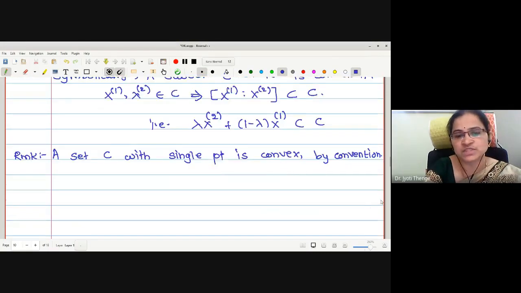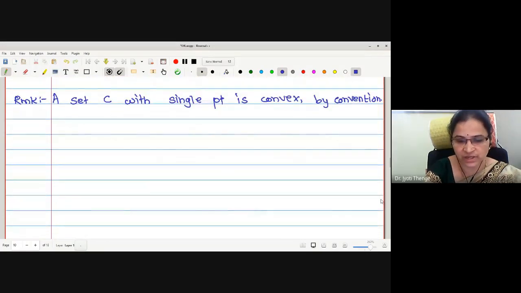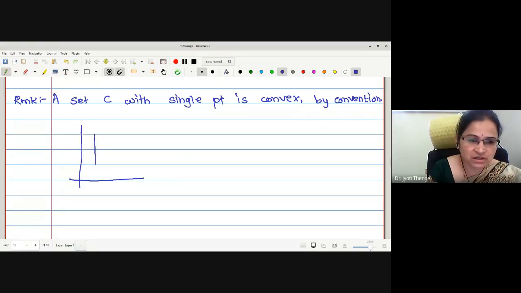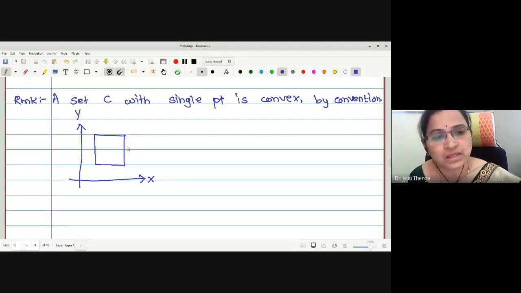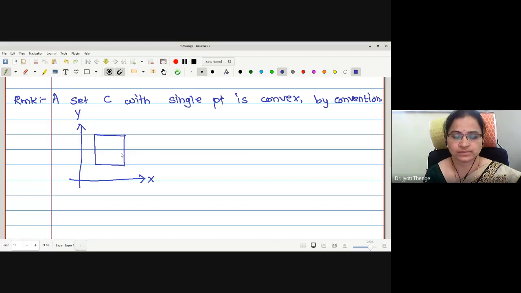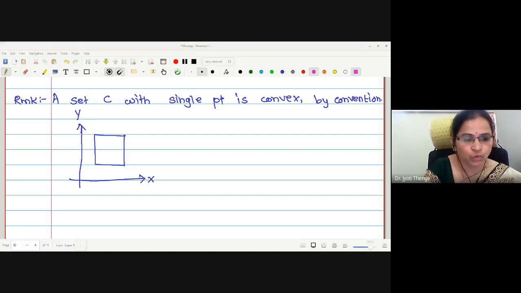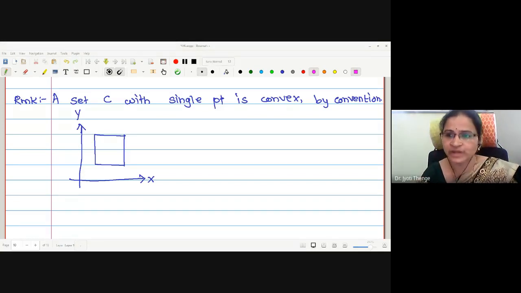Okay, let me draw some sketches to understand the definition very clearly. We will see this in the R2 plane. First, I will consider a square in an R2 plane. Now you have to answer whether this set is a convex set or not. Our job is to take any 2 points in the set, draw a line segment joining them, and check whether the line segment is in the same square or not.